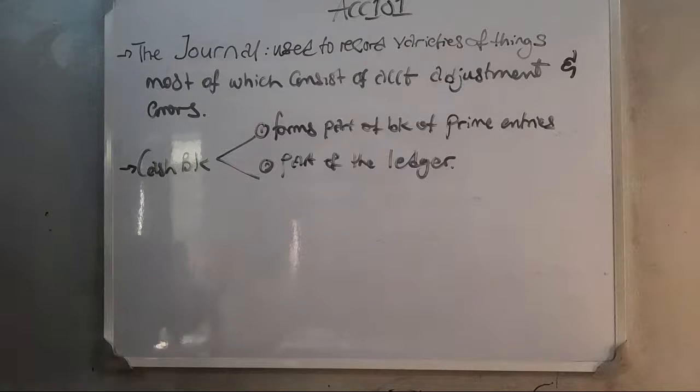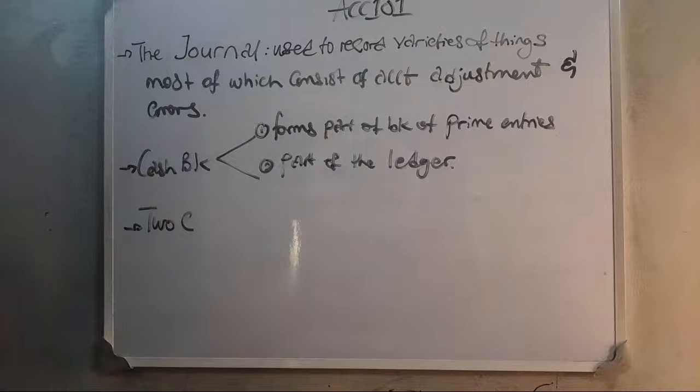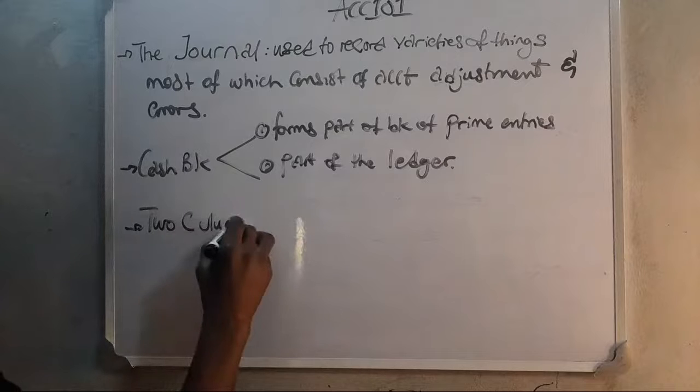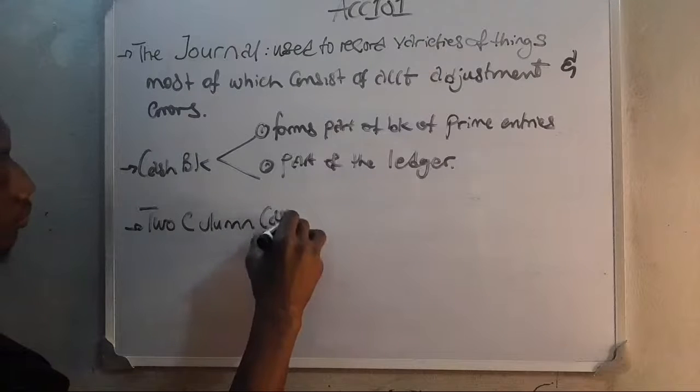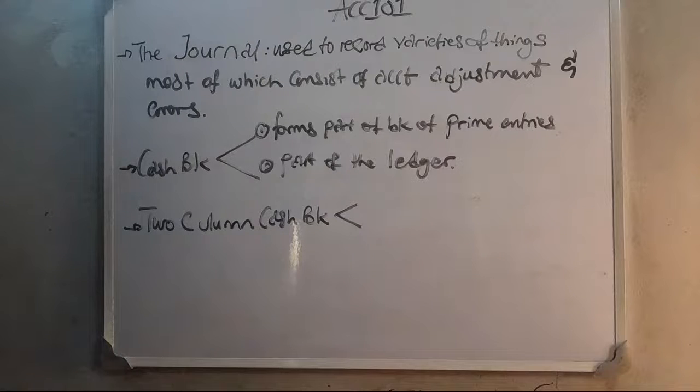The 2-column cash book is one in which cash received and paid are recorded in one column on each side of the cash book. We have the check, received and paid recorded in another column of each side of the book.